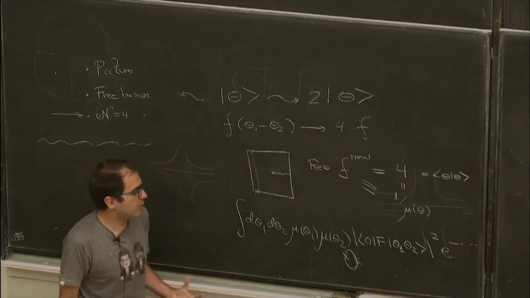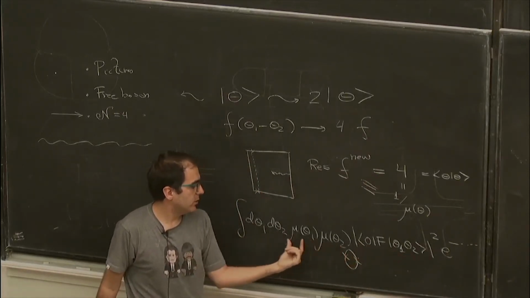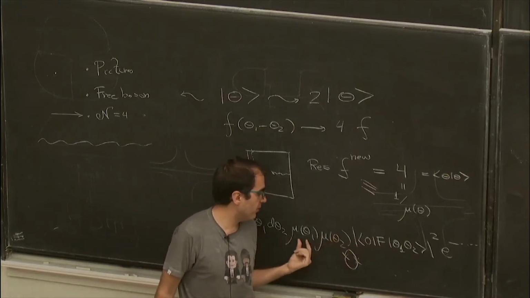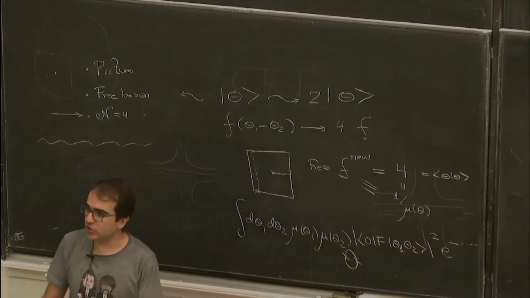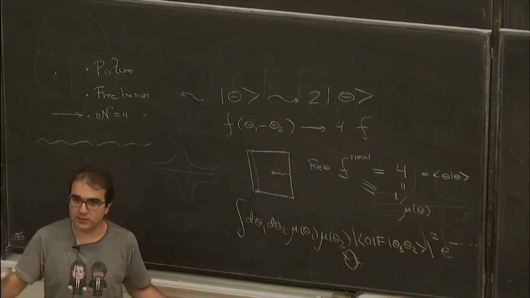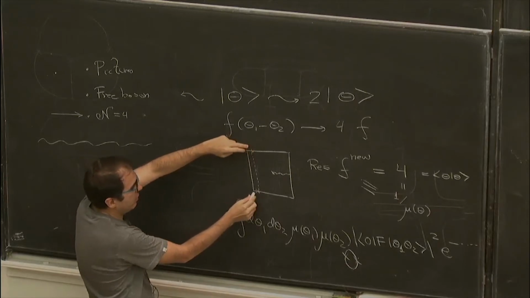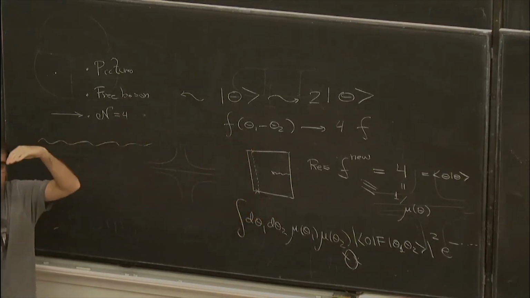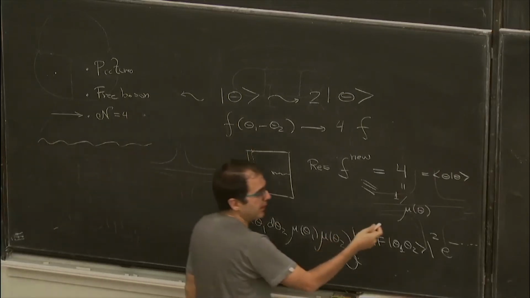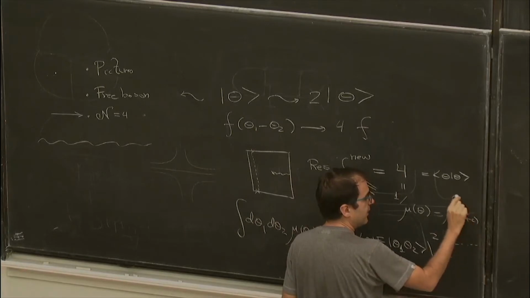Now, if you decide to multiply the form factor by 5, immediately each measure would give me 1 over 5, and it would cancel the 5. So this measure is just the normalization of the states. Now, if I decouple them here, or if I decouple them anywhere, it's the same by just boost invariance. So this mu of theta should be equal to mu of theta plus c. That's just boost invariance.